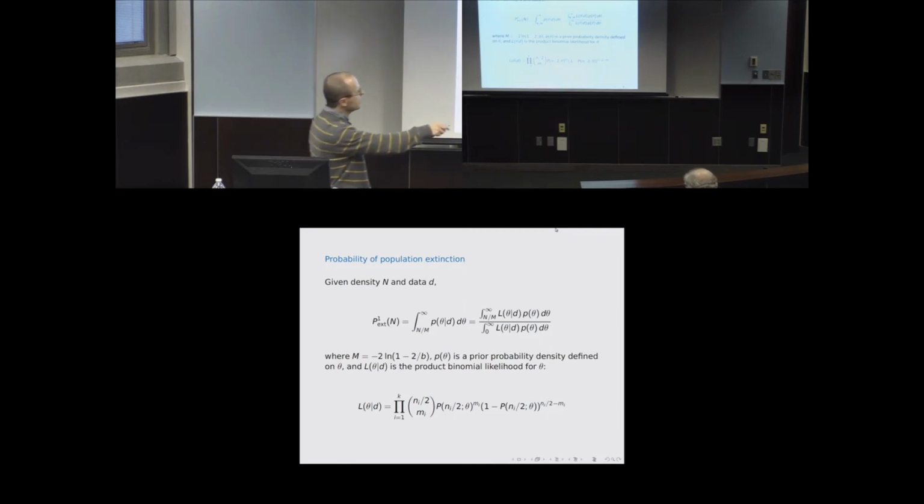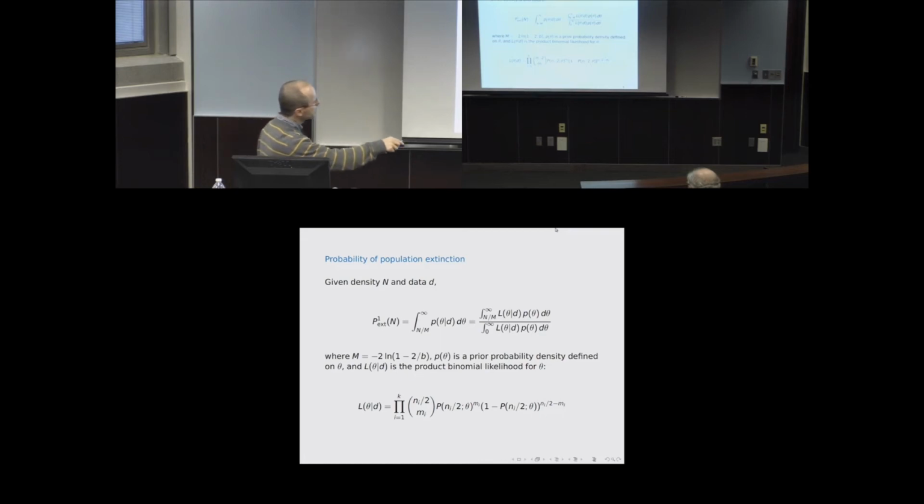This is simple because the Bayesian rule says that it is this value, where L is the likelihood of theta given the data. And this likelihood, because of this experiment, is binomial in the sense that a female gets mated or not. We need to use the product of binomial likelihoods for all of these replicates. So this is the likelihood for theta given data D.